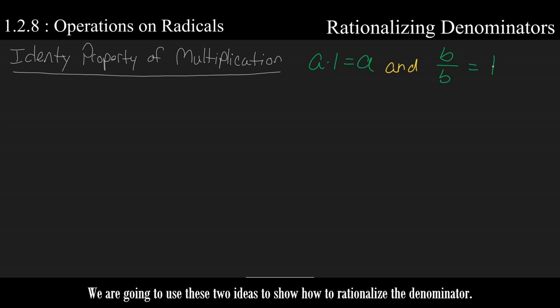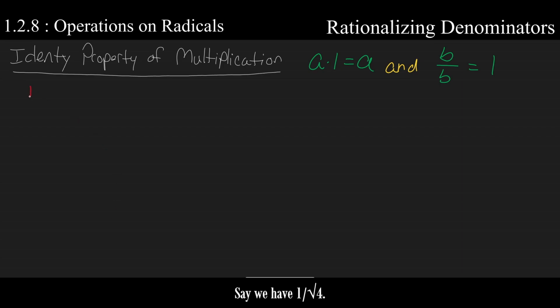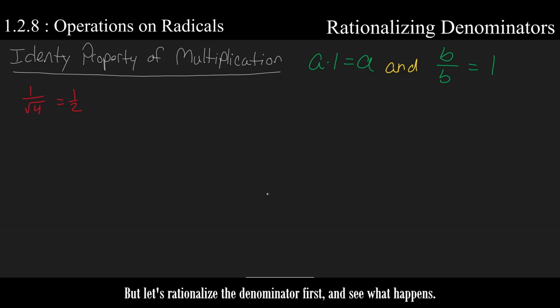We are going to use these two ideas to show how to rationalize the denominator. Say we have 1 divided by the square root of 4. We can see very quickly that this is equal to 1/2. But let's rationalize the denominator first and see what happens.